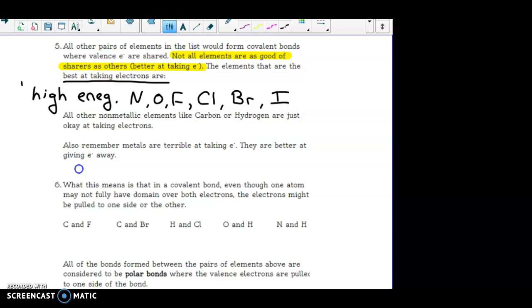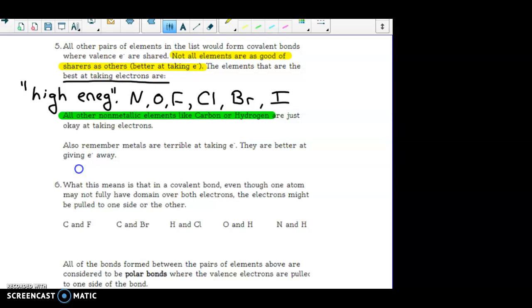These are what we consider our high electronegativity elements. All the other nonmetals, things like carbon or hydrogen or phosphorus or sulfur or whatever else, they're only okay. They're better at taking electrons than the metals, but they're not as good as that high electronegativity group.